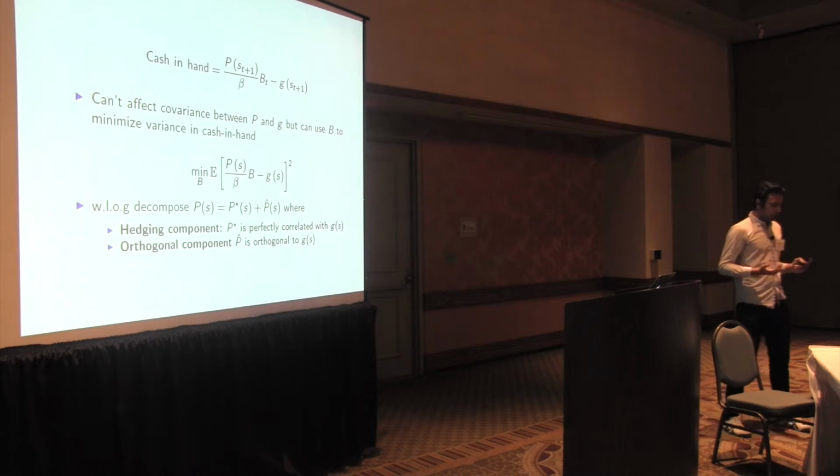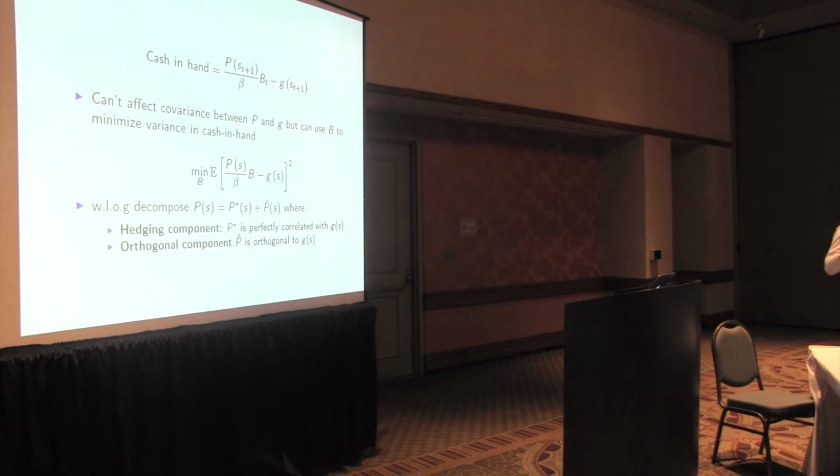So the government cannot, in this world, since P and G are exogenous, affect the covariance between P and G, but it can affect this thing. This is a choice variable. It can change the level of its portfolio. And what it wants to do at the end of the day is minimize the variance in cash in hand, because that variance translates into variance in taxes and transfers, which it doesn't like.